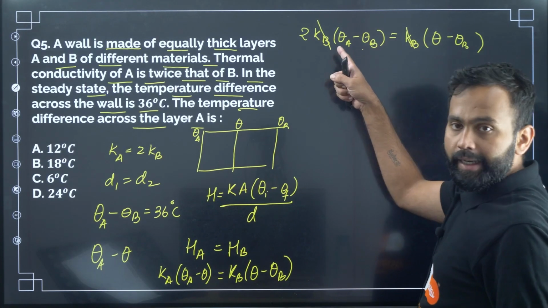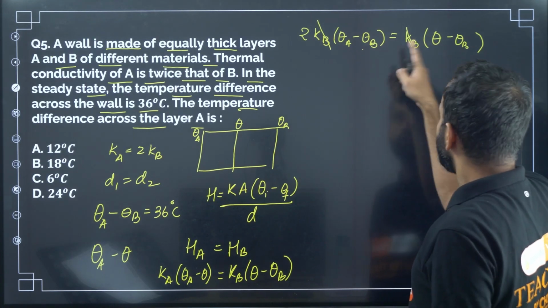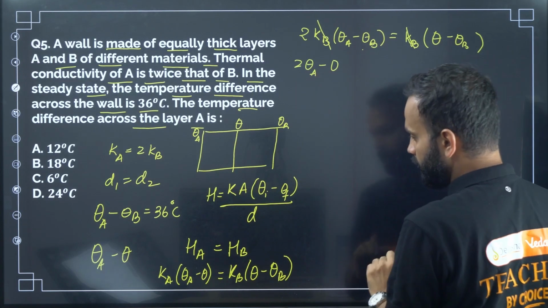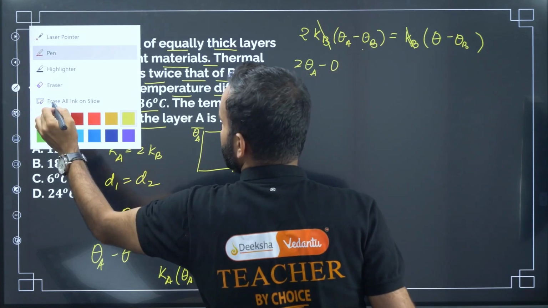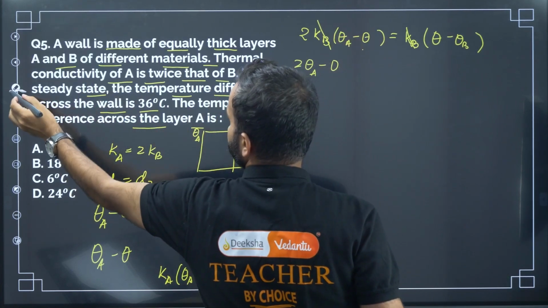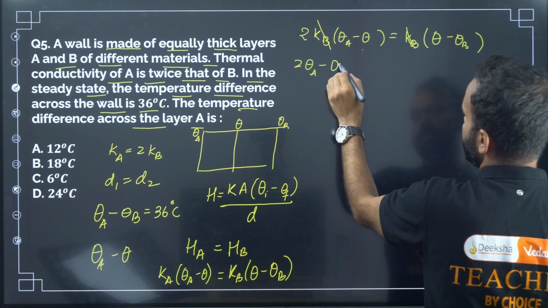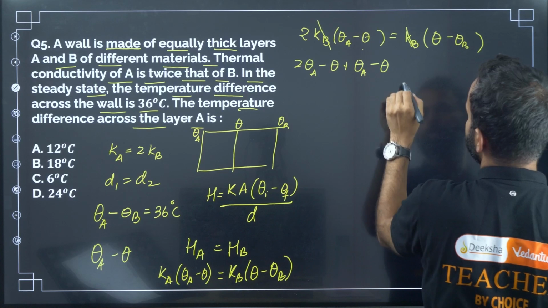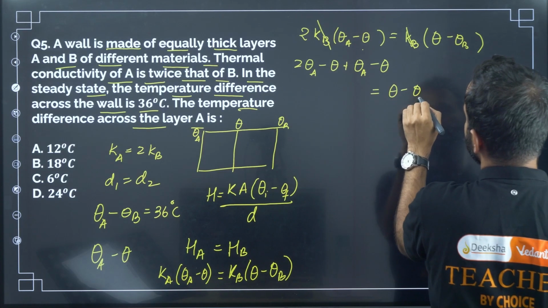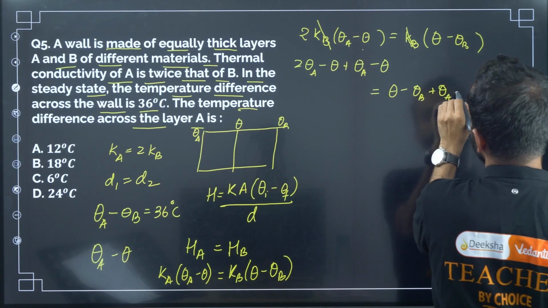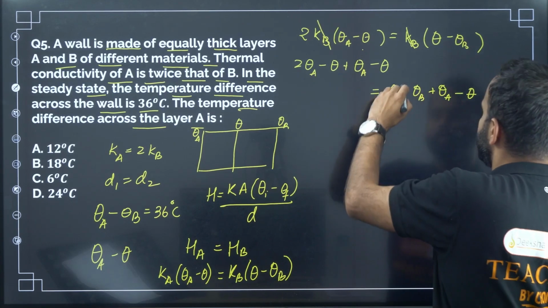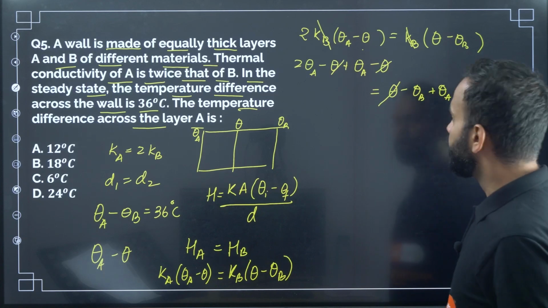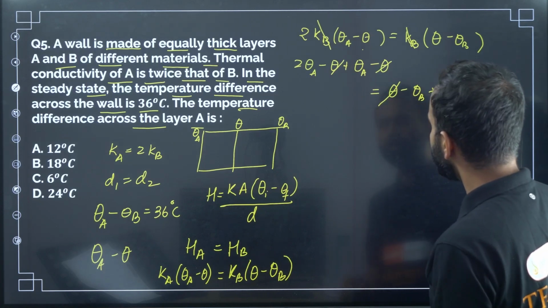So now add theta A minus theta to both sides. So 2 times theta A minus theta, it is just theta, not theta B, plus theta A minus theta is equal to theta minus theta B plus theta A minus theta.